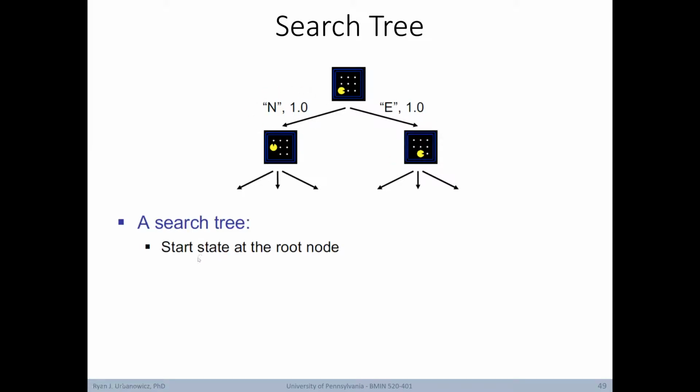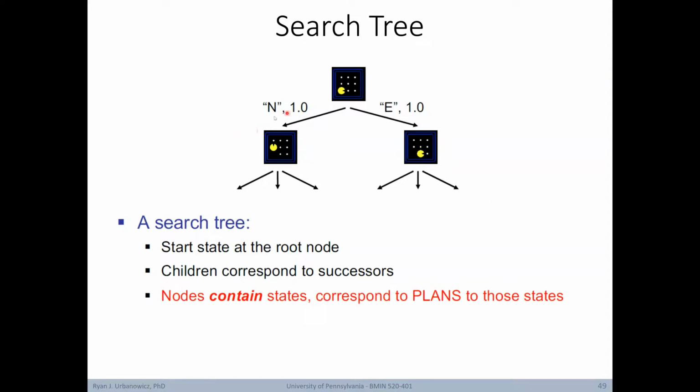In a search tree, the starting state is always the root node of the tree. Children of the tree correspond to successors, and nodes contain states which ultimately correspond to plans to get to those states, where the plan includes all the successor nodes that came before it going up the tree.